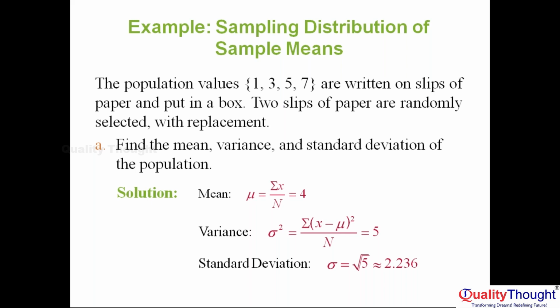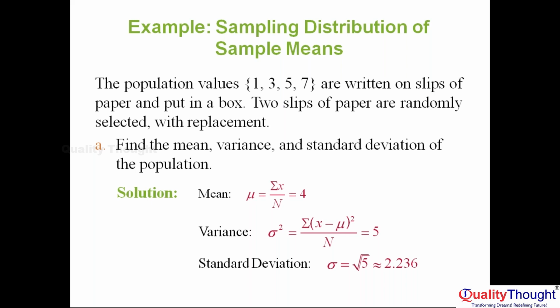We have 4 population values, 1, 3, 5, 7.